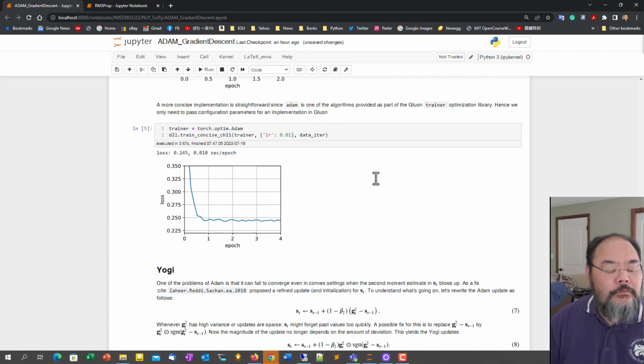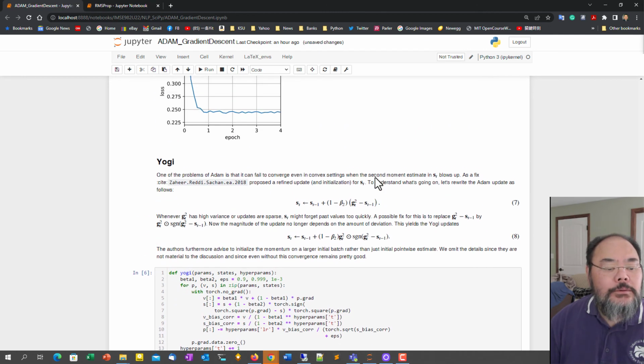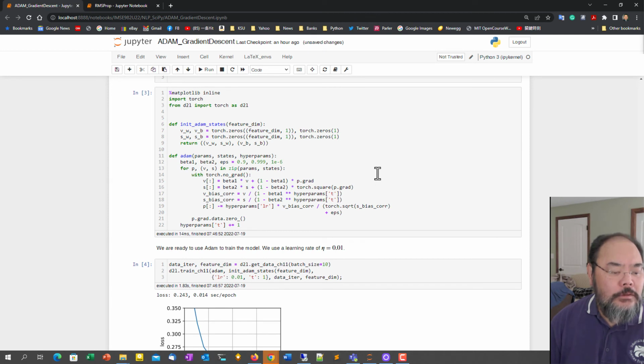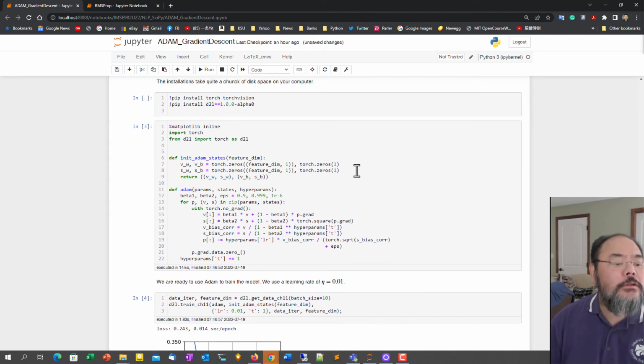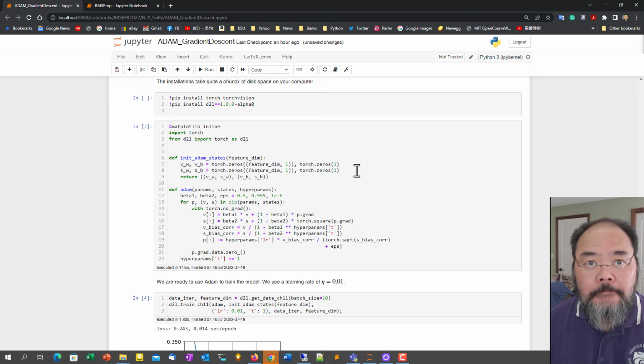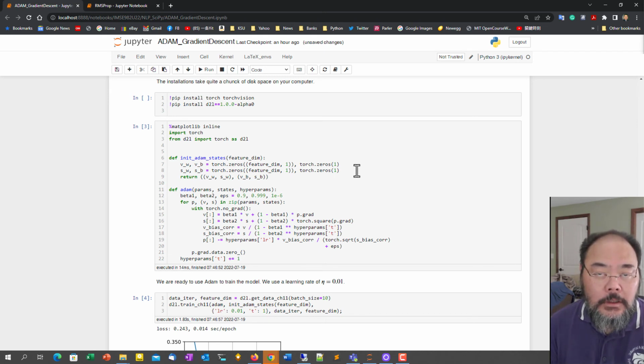The rest of the notebook I'm not going to go over. It uses D2L, one of the newer machine learning and deep neural network training suites, proposed by a bunch of Amazon employees, and Amazon is behind this project called D2L.